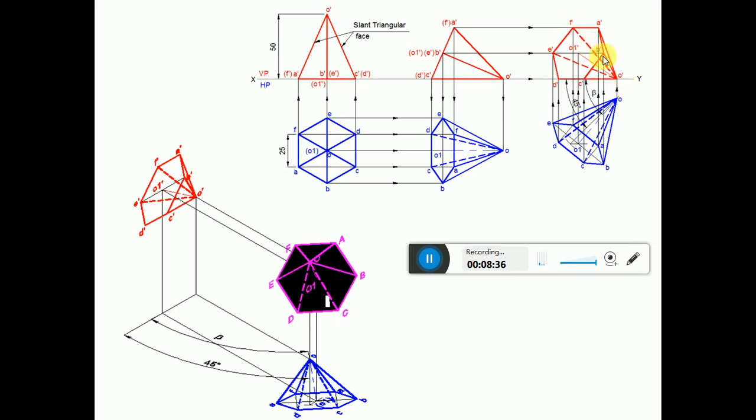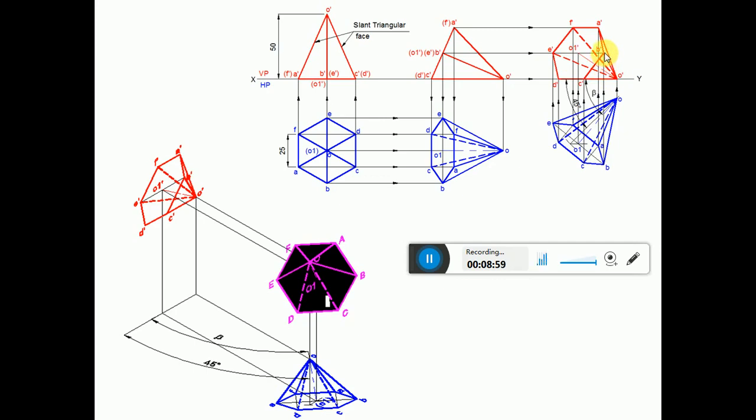Since this is a dark line which is a visible edge, this is a thin line. Suppose if you want to dark this, then the conditions will not allow, because two visible edges can never cross each other. So naturally this O dash F dash has to become invisible. Similarly, O dash E dash also has to become invisible.